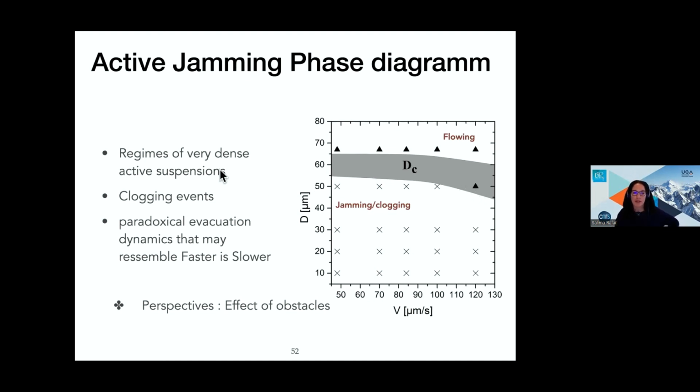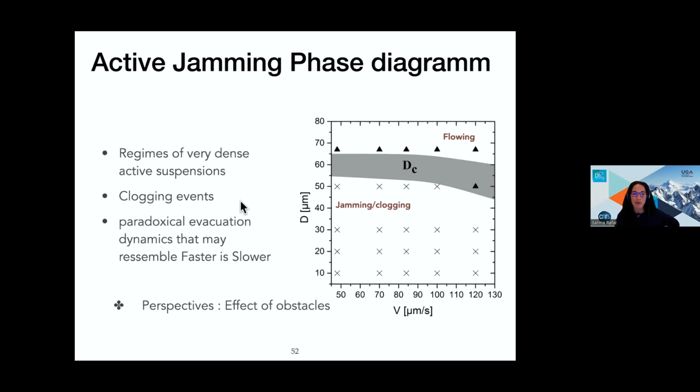So I was myself quite surprised that we could get to such very dense active suspensions. I thought hydrodynamic interaction would prevent going to random maximal packing, which is what we measured just before the constrictions.